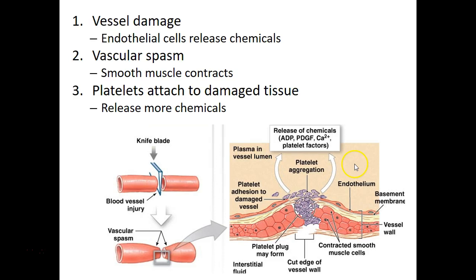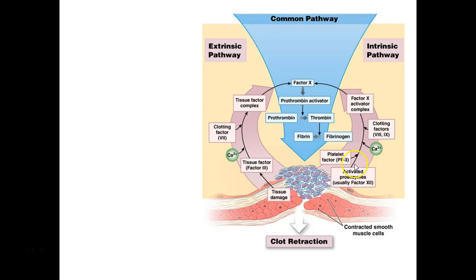So we get damage, we get a spasm, and then we have platelets attached to the damaged tissue, release those chemicals so we get this positive feedback. And the last thing I'm going to show you guys, I'm not going to talk about it, is this. This is the cascade, right? Where we're going to start making a network of this net of protein, and in it's going to be trapped cells.